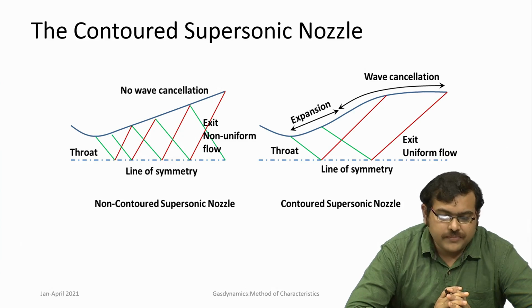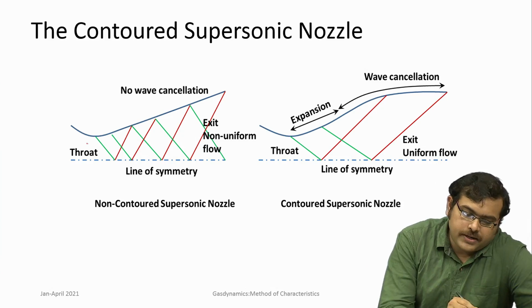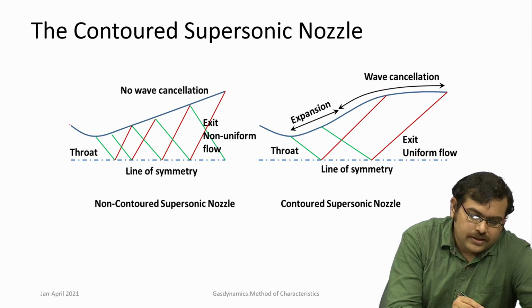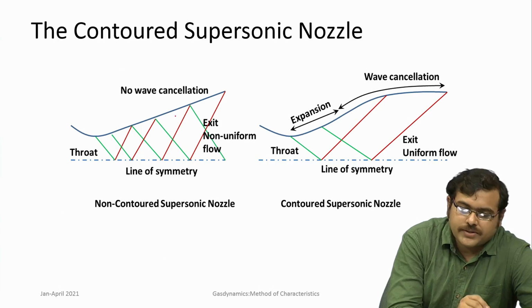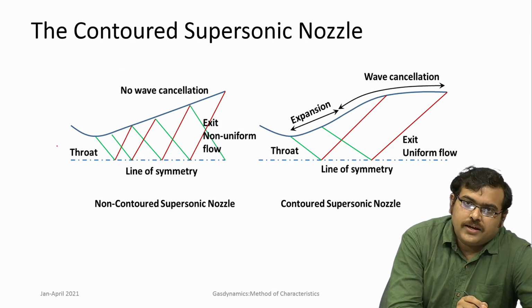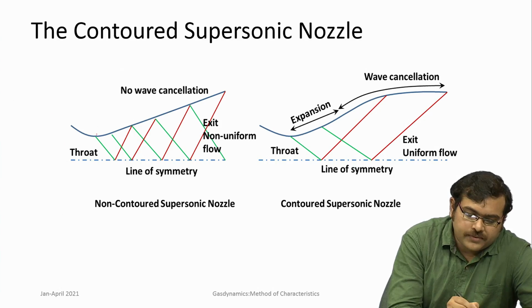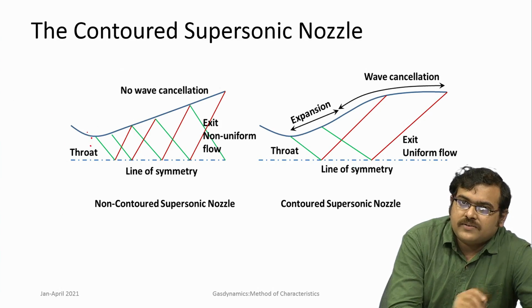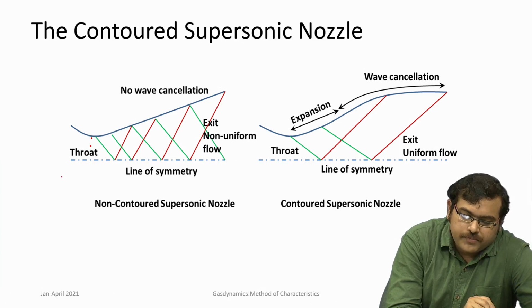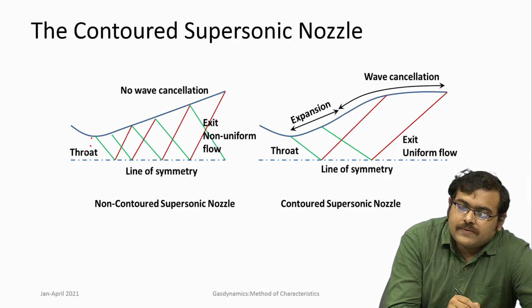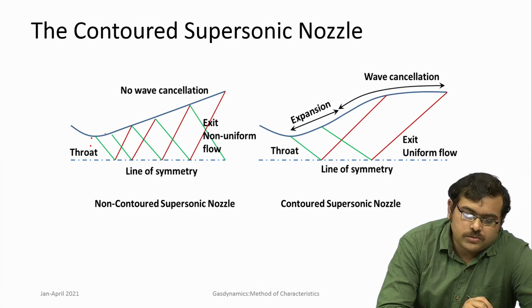If you take an arbitrarily shaped supersonic nozzle, this is a convergent divergent nozzle, the subsonic portion is generally made smooth. Then you have the throat, and we know from our previous discussion on nozzles that Mach number 1 is achieved at the throat. Okay. After that you have a divergent section to accelerate to supersonic velocities.